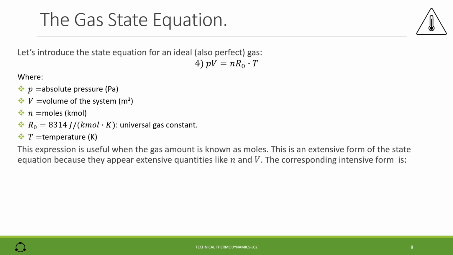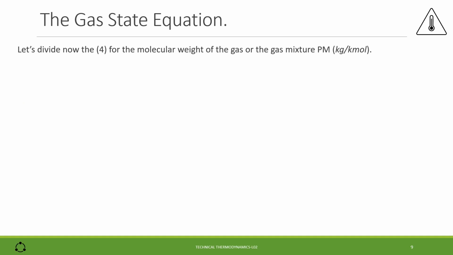This is an extensive form of the state equation because here appear extensive quantities like n and capital V. The corresponding intensive form is P into Vn equals R0 into T, where Vn is the molar volume expressed in cubic meter over kilomole. Let's divide now the equation 4 by the molecular weight of the gas or the gas mixture, Pm, that is kilogram over kilomole.